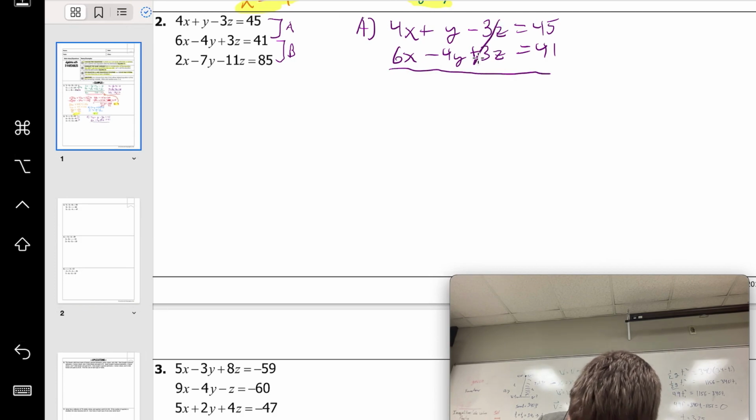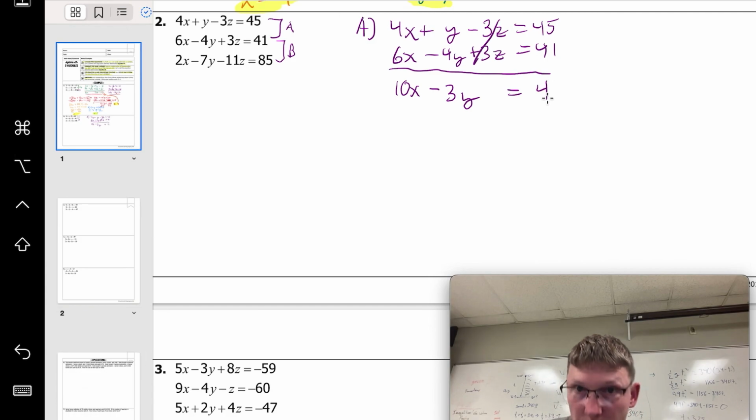Our z's are going to cancel out. 6 plus 4, we've got 10x. y minus 4 is minus 3y equals... No, not 4. I thought that was subtraction for whatever reason. 86. Slightly different, sorry.